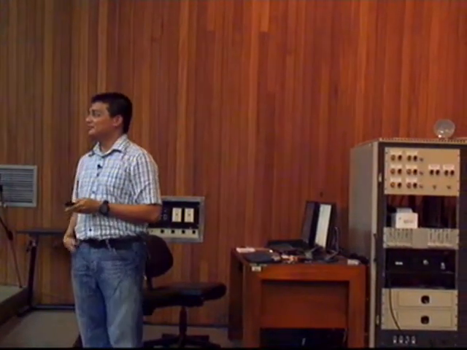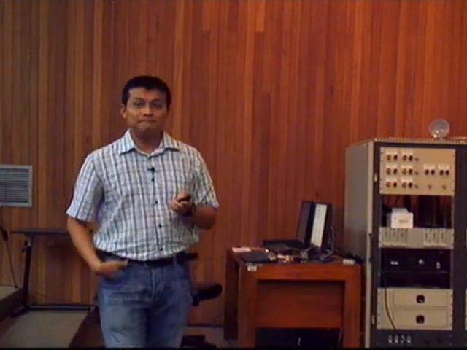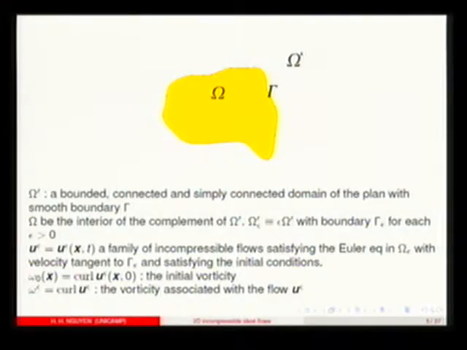Well, if the body disappears, I can sort of guess what the answer is. You must scale something to keep this problem interesting as the body disappears. It's not clear to me what you actually do to get a problem that doesn't just disappear. How does the initial data scale with epsilon? Omega 0 of x.